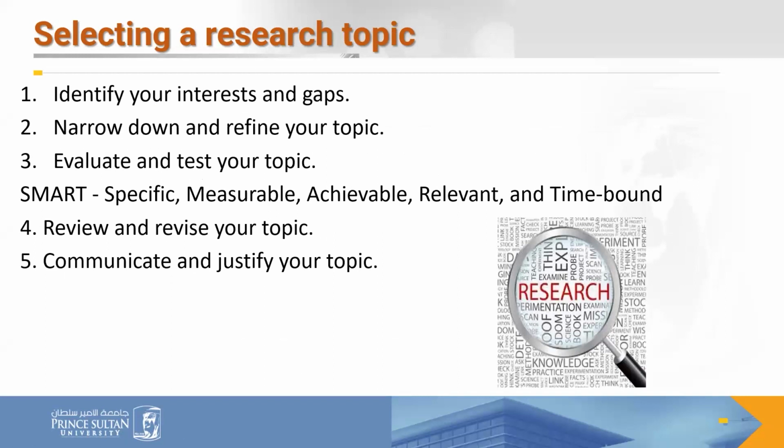And at the same time, it's important to identify the gap. It's important to read a little bit in the literature and to know what is the area, not necessarily that nobody has explored before, but there is relatively little research about. And so with your research, you can contribute to this area.